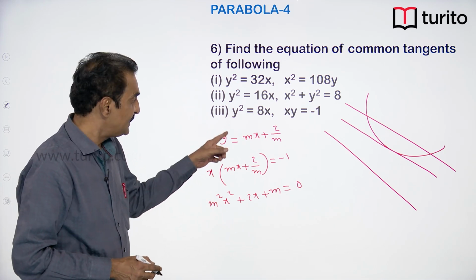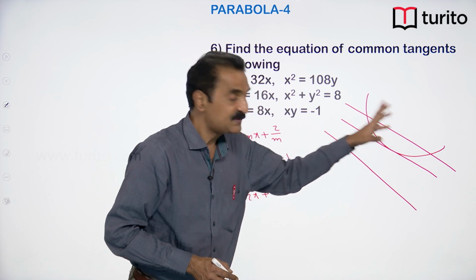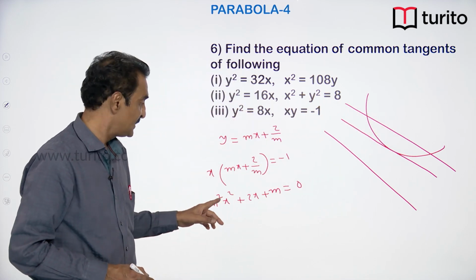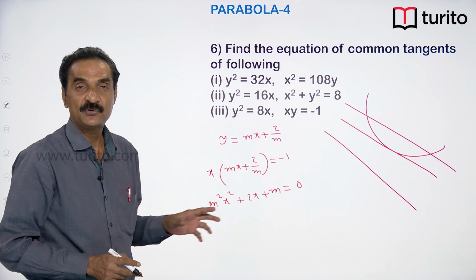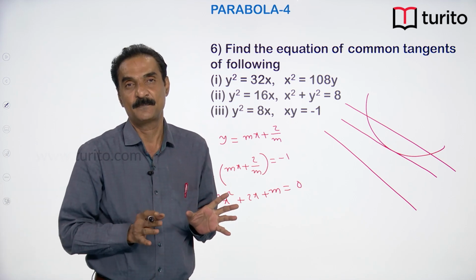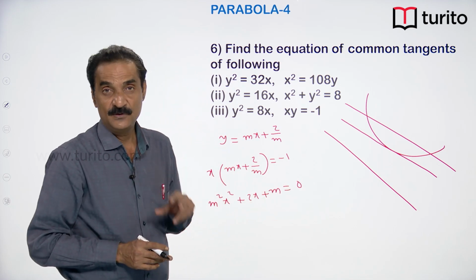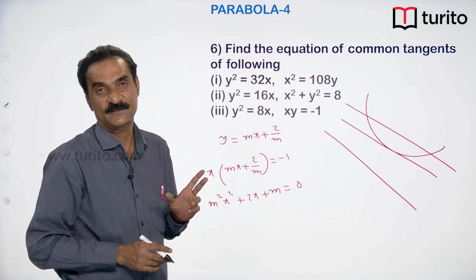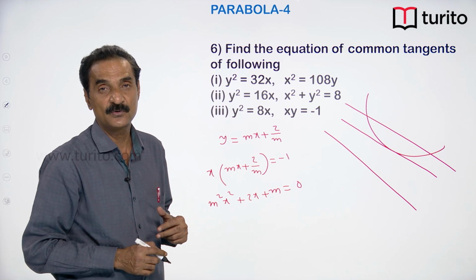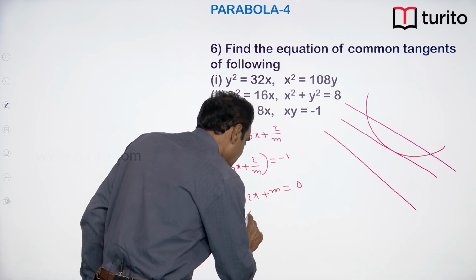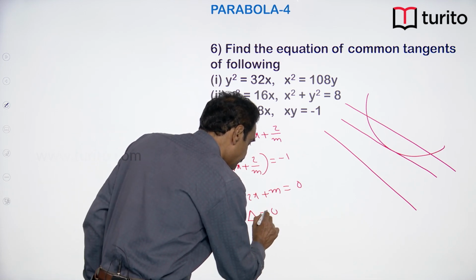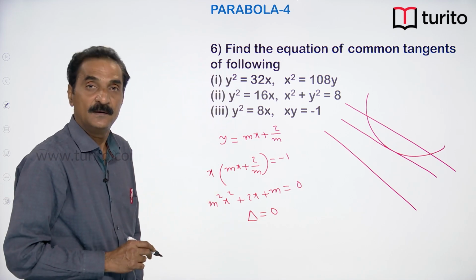If this line intersects the curve at two distinct points, then by solving it, you should get two distinct values of x. If it touches the curve, then you should get two equal roots of x. What is the condition for equal roots? Discriminant is equal to 0. Delta is equal to 0.